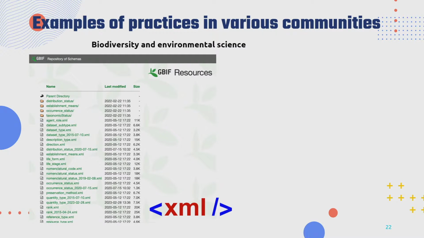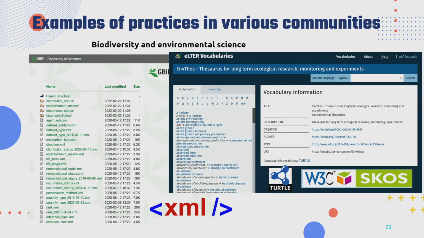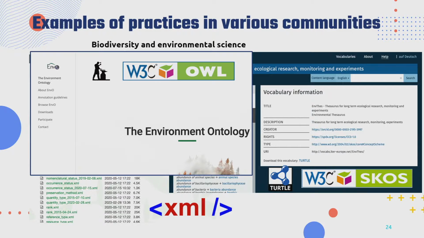They are all encoded in XML. Now, if you go to the LTER vocabulary, with the EnvThes, which is environment, well, it's SKOS-based, and you can find it as Turtle. Then you also have the Environment Ontology, which is an OWL ontology. So within the same domain, you have a diversity of representations of the semantic artifacts.